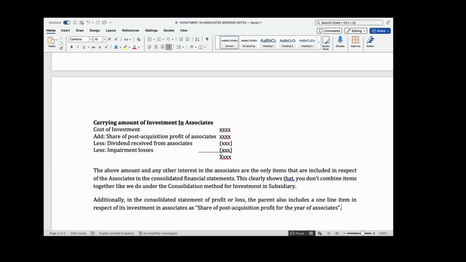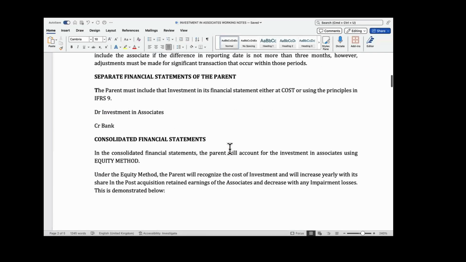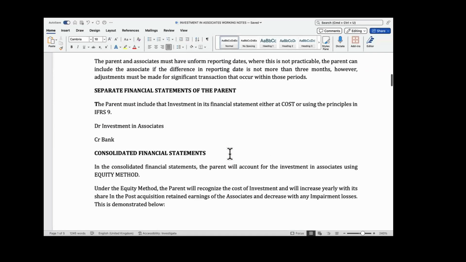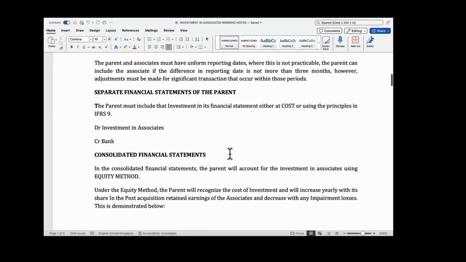So one thing most students would find confusing is this investment in associates, which is why I've made it very clear. You need to understand that when an investor invests, the investor is a company on his own. So he will do a separate financial statement.